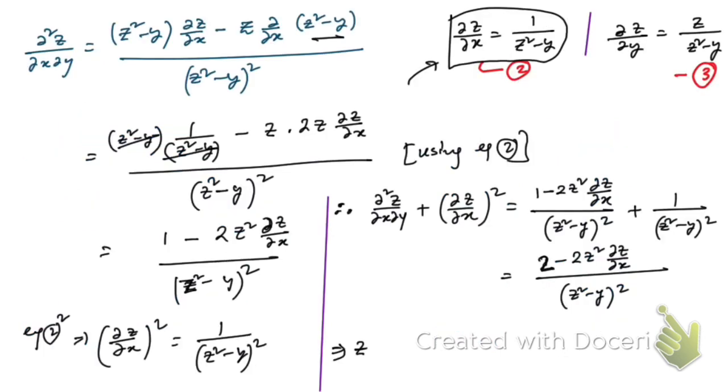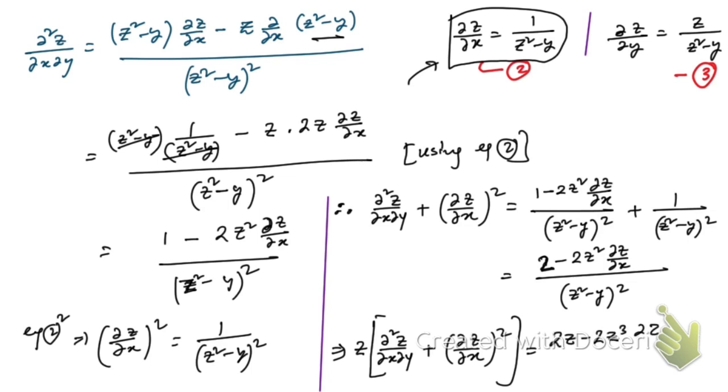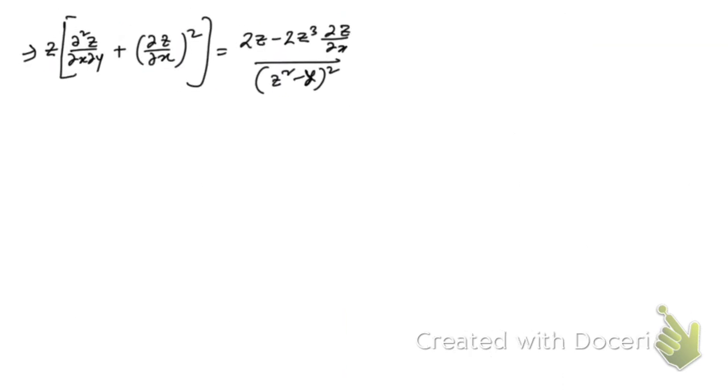On multiplication of z on both sides of this equation that we have got now, we're gonna get this result, and z should be multiplied here also, then it's gonna be 2z minus 2z cube del z by del x divided by (z square minus y) whole square. So that is what we have got. Now let me copy this and go to the new slide. So this is the last step we have got.